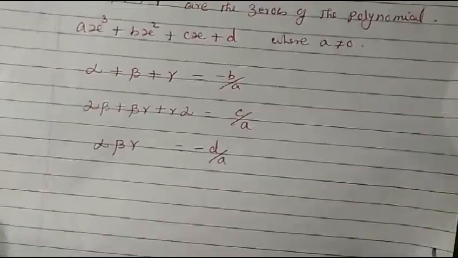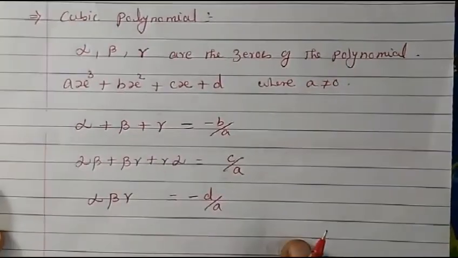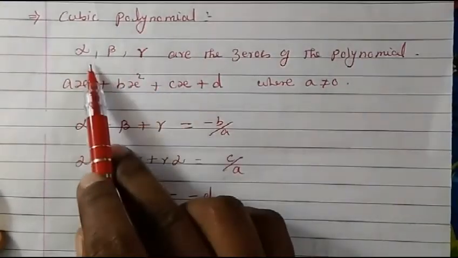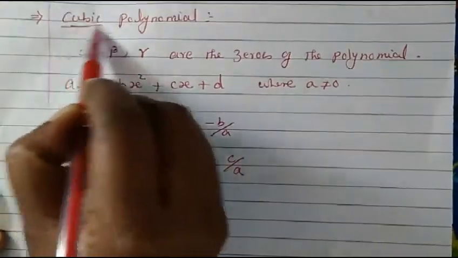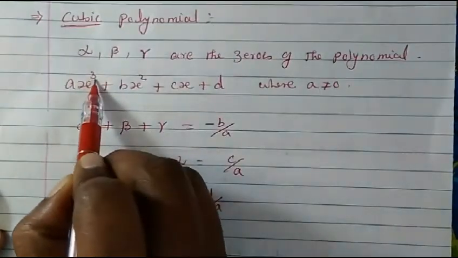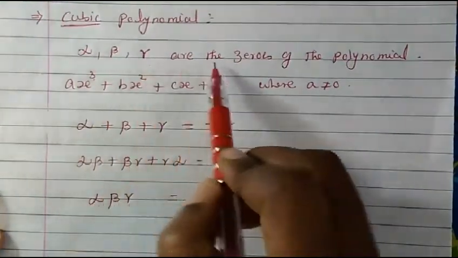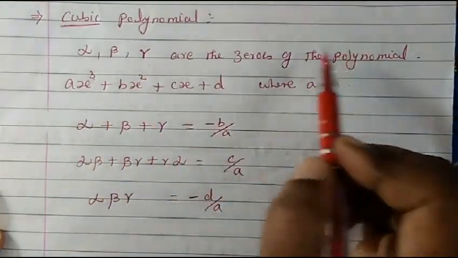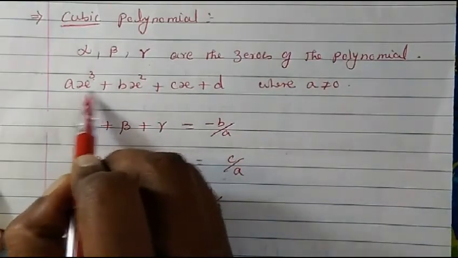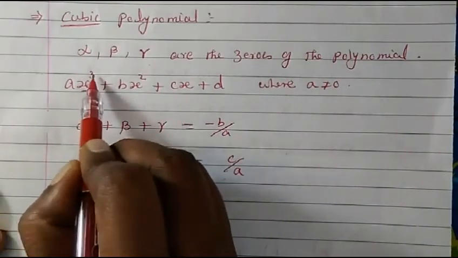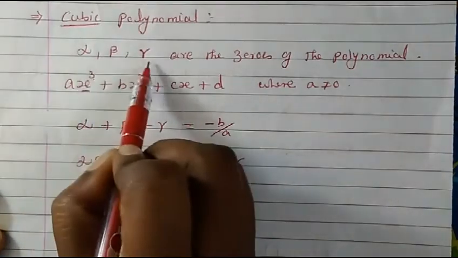In the same way for the cubic polynomial also. Cubic means the highest degree is 3. Therefore alpha, beta and gamma are the zeros of the polynomial. Since the highest degree is 3, we must have 3 zeros.